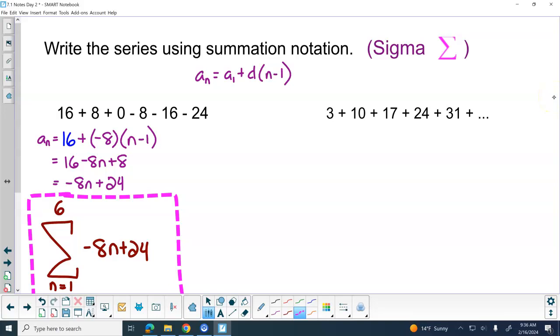Try this one. Again, got to find my rule. A sub n is 3 plus 7 times n minus 1. I get a rule there of 7n minus 4.